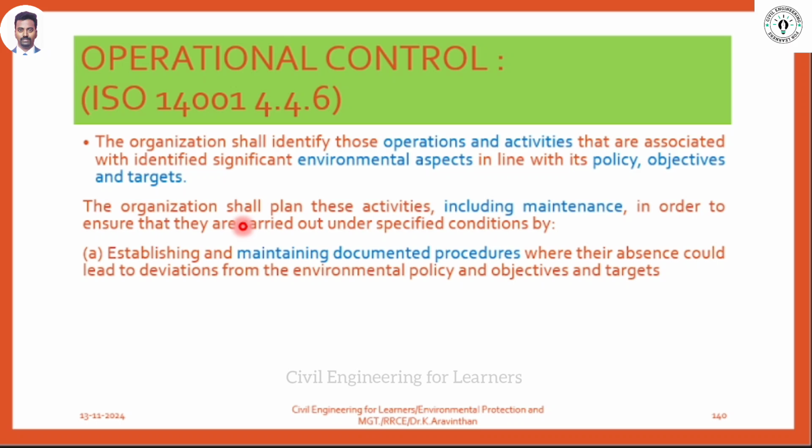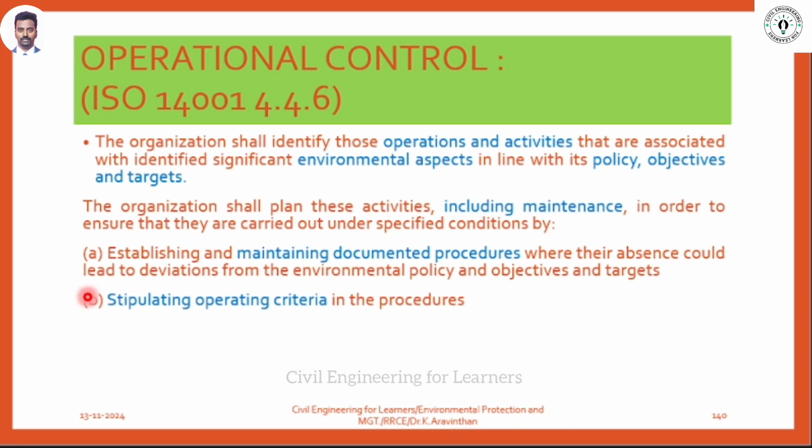If you keep on writing such procedures, it will be a huge task. Operational control is not only making procedures. If something works well, you don't need to bother drafting it. If something does not go well, then you have to draft it. So this is the purpose of maintaining the documents in an organization.